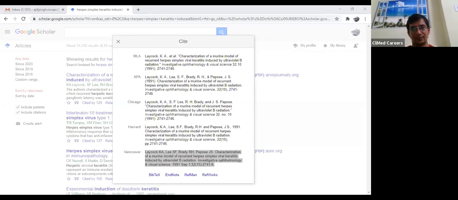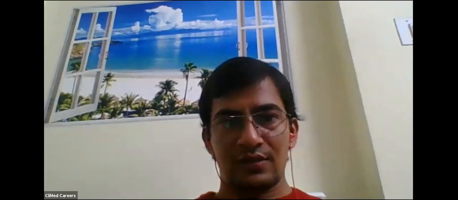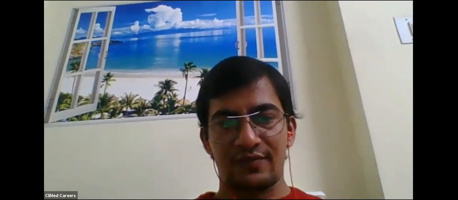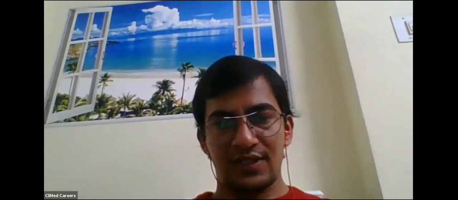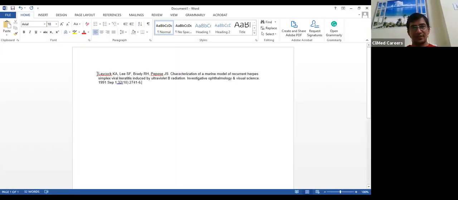I'll just show you this Word file. Not this, sorry, I think I've shared the wrong file. Just check out. See, here it is coming in the exact Vancouver style, your reference, right? So you can directly pick your reference from Google Scholar.